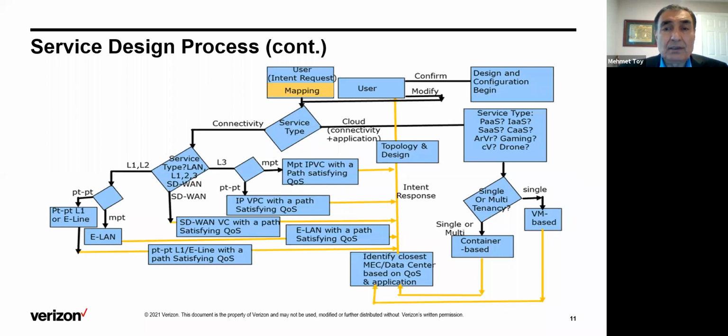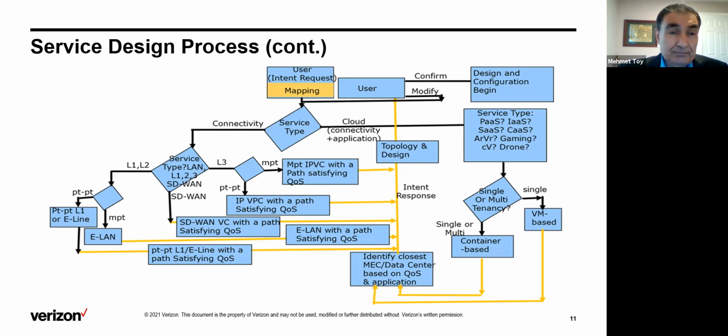Now, let's take a look at a little more detail at how this process really works. If you look at the top, I have user intents from the user keywords, and from there I determine whether it's a connectivity service or a cloud service. If it is a connectivity service, let's say I go to the left. On the left, I determine whether it's layer 1, layer 2, layer 3, or SD-WAN. Of course, if you have different types of services, you can add those as options as well.